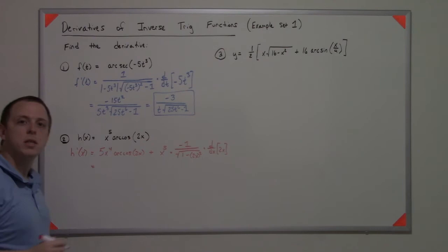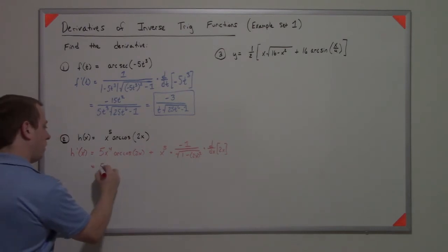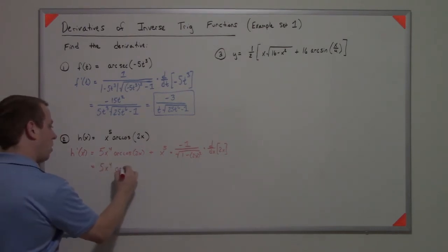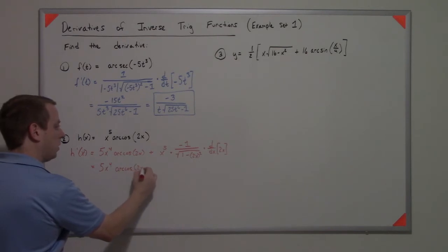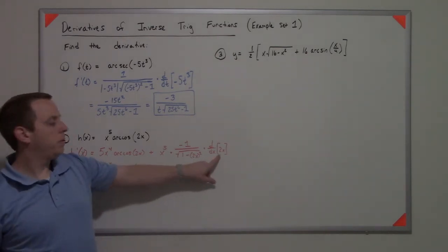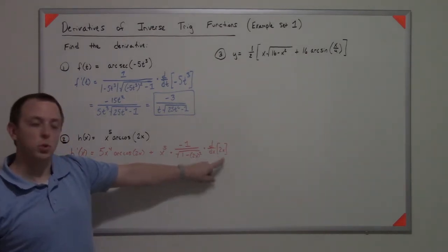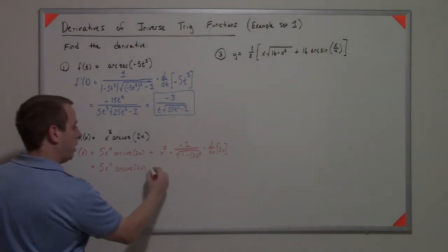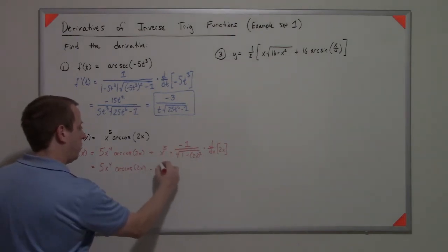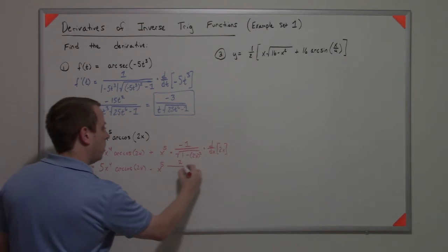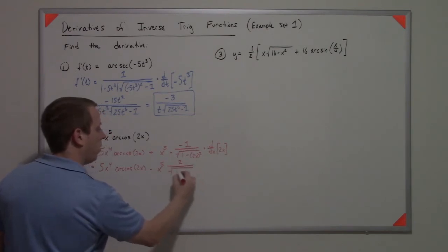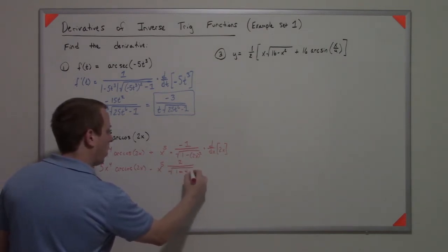Which then gives us 5x to the 4th arc cosine of 2x. The derivative of 2x is just 2. So we get minus x to the 5th, 2 over the square root of 1 minus 4x squared.